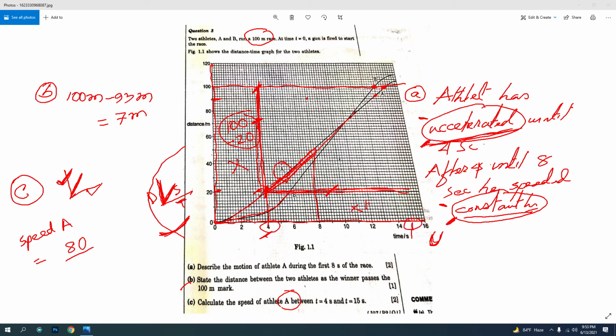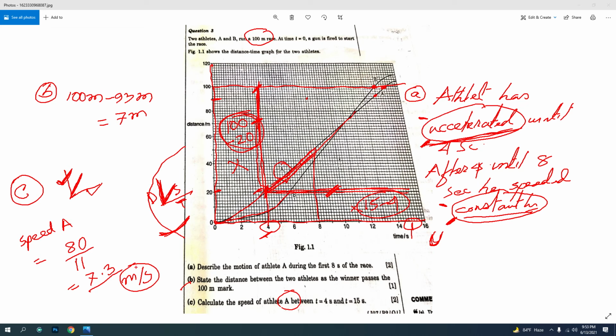So you have to subtract 15 minus 4. So downside 15 minus 4, that is 11. Have you understood? This line value is 15 minus 4 and this value is 100 minus 20. And last of all, 80 divided by 11, that is approximately 7.3. Consciously you have to put meter per second because this is the unit of speed.